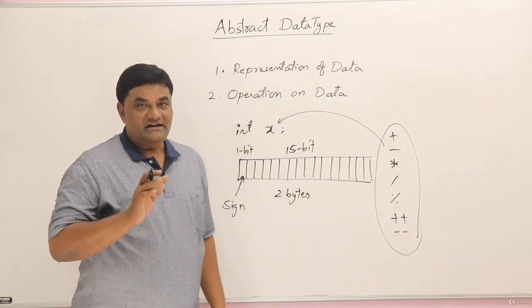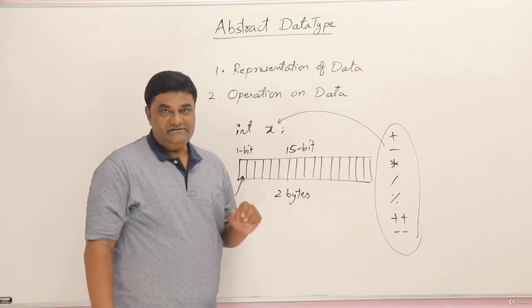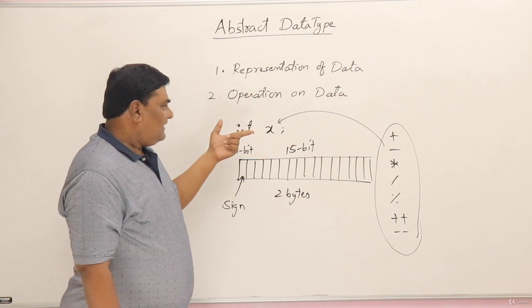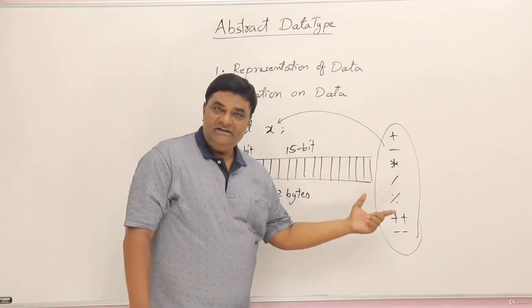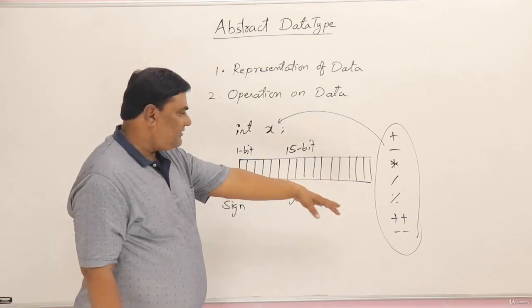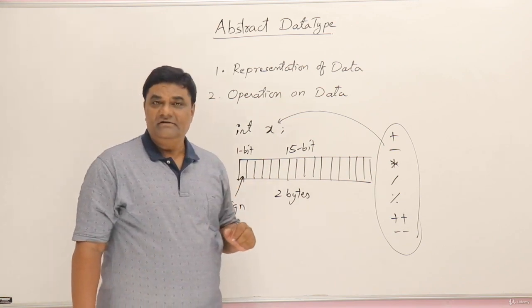Now let us see what is abstract. Abstract means hiding internal details. Now if I take this example, integer data type and these operations, for performing these operations, do we really need to know how they are performed in binary form inside the main memory?